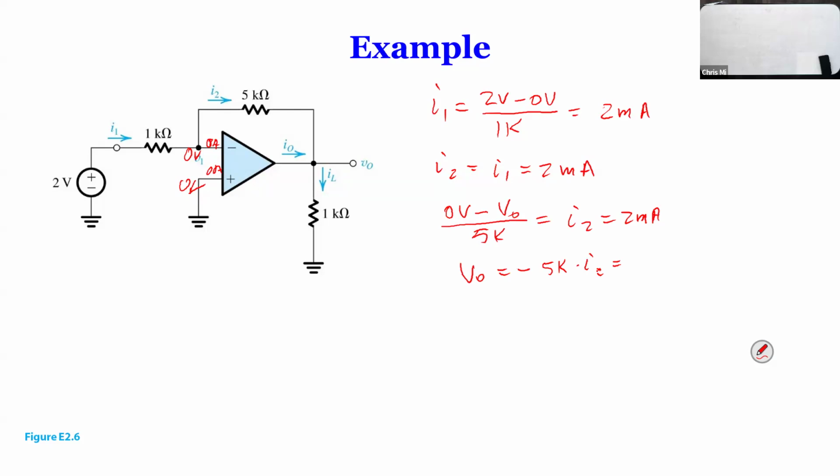I2 is 2 milliamps, so that gives you minus 10 volts. You can see here that VO has nothing to do with RL. So let's call it R. How much is IL? Can you calculate IL?